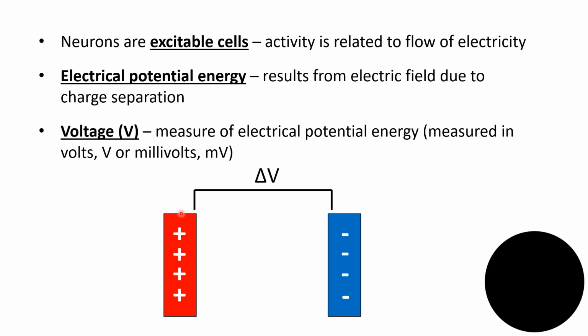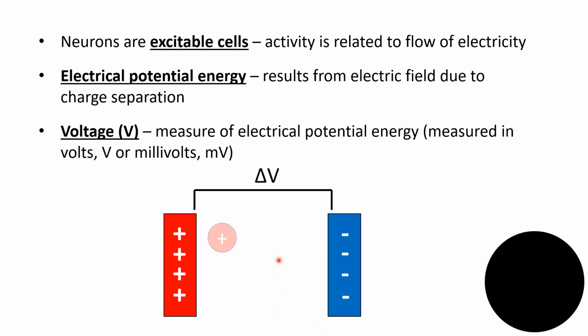So if you separate positive and negative charges, an electrical field is going to result, and there's electrical potential energy. Voltage is the measure of electrical potential energy, and we measure it in volts. So if you separate two charges, an electrical potential is going to form, and we measure that in voltage.